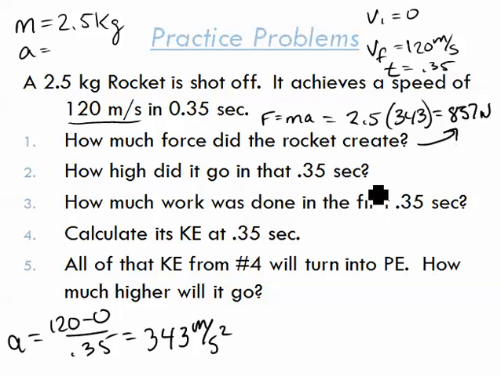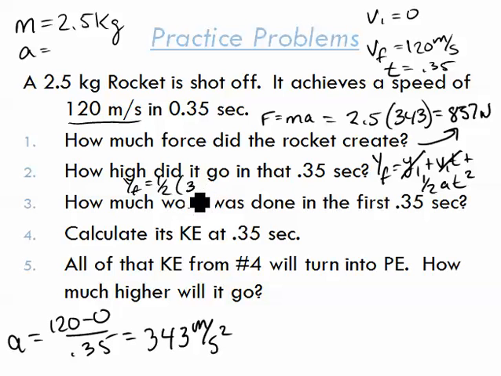How high did it go in that 0.35 seconds? Well, that takes me back to my kinematic equation. yf equals yi plus vi t plus 1/2 a t squared. yi in this case is on the ground, so that goes to 0. It had no initial velocity, so that goes to 0. That leaves me with just 1/2 a t squared. So yf equals 1/2 times 343 times this time squared.